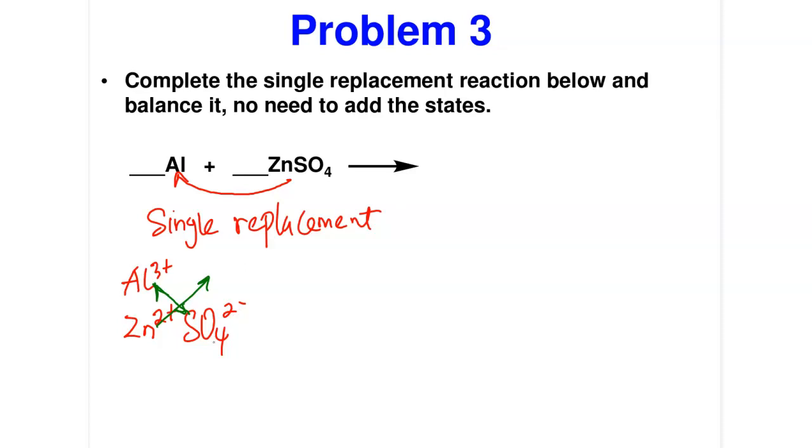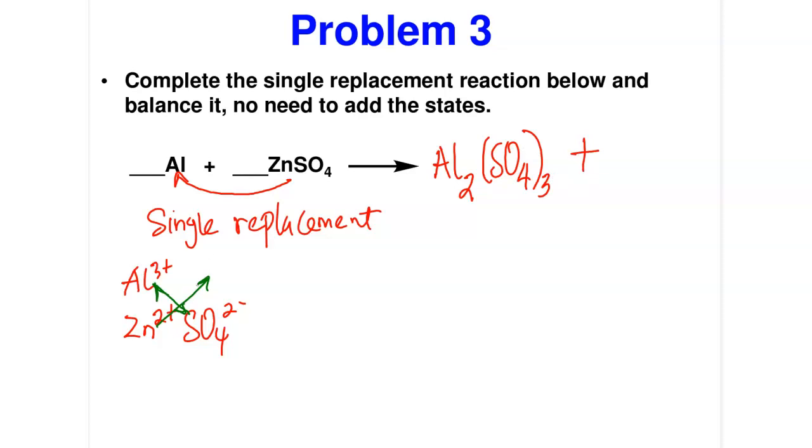So if this guy combines with this guy, they're going to swap their charges. The 2 goes to aluminum and the 3 goes to sulfate. So what are you going to form? I go back to my red, you're going to have Al, we take the 2, and sulfate, we take the 3. Remember, for any polyatomic ion, if it's more than one atom, you must put a bracket.